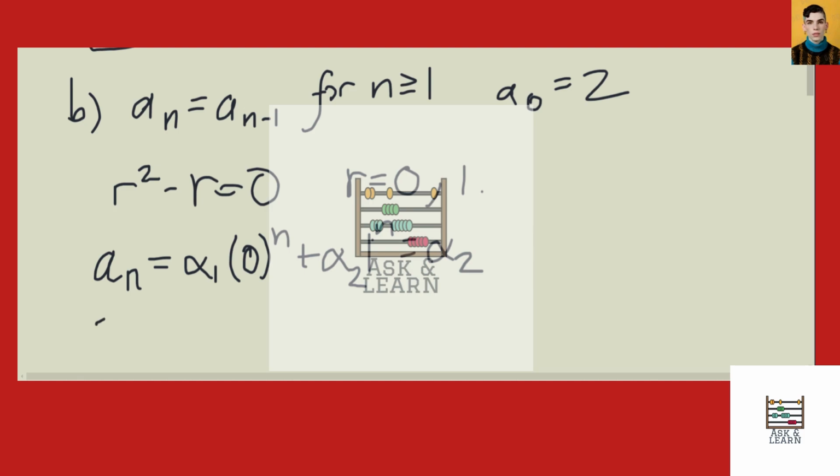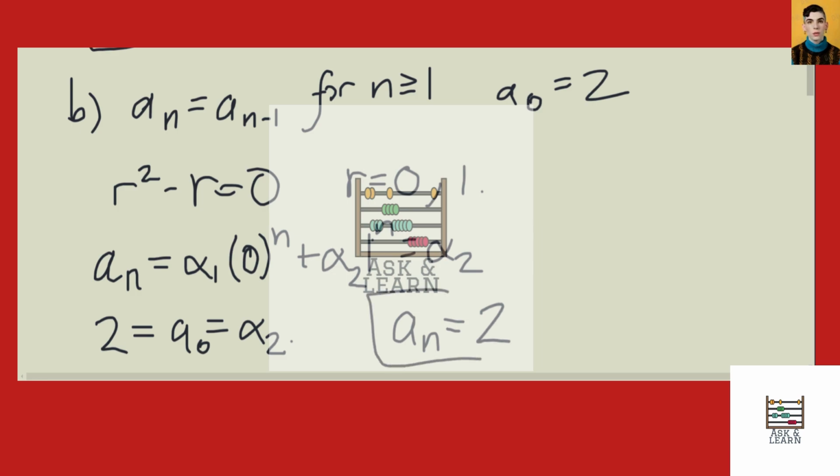And we have from our initial condition that 2, which is a_0, is the same as alpha_2. So it follows that in general, the solution is 2.